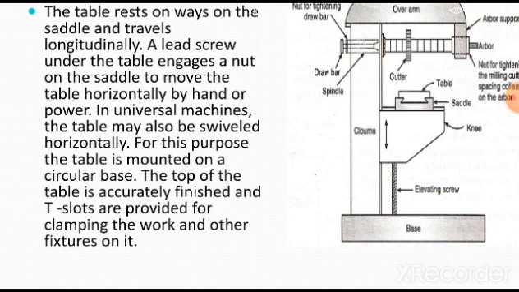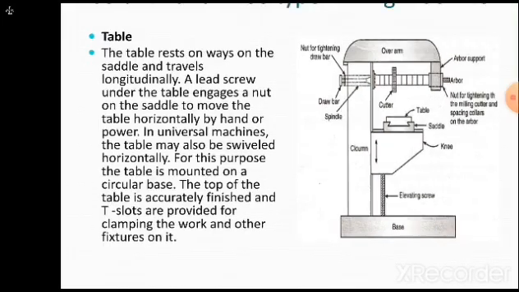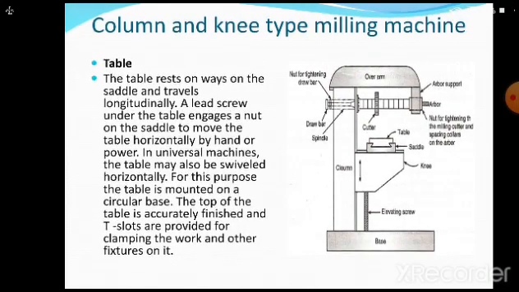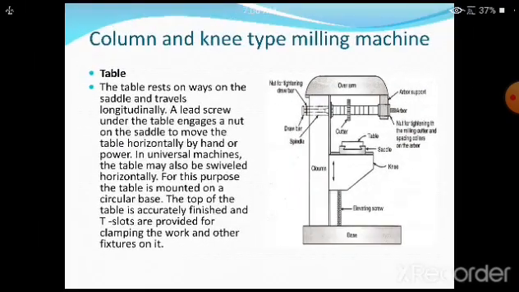Okay, the top of the table is accurately finished and T-slots are provided for clamping the work and other fixtures. Generally in all types of machine tools, the top face of the table is always provided with T-slots for clamping or holding the workpiece firmly when the machining operation is being carried out.